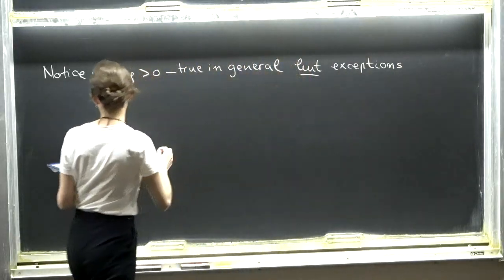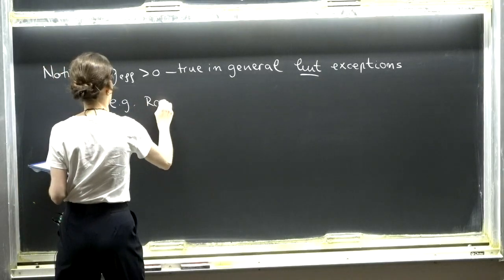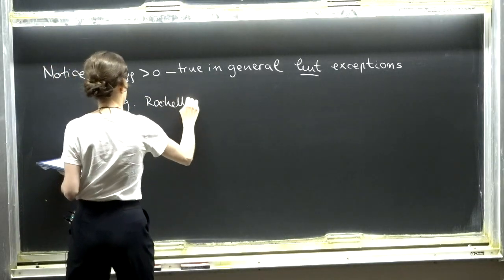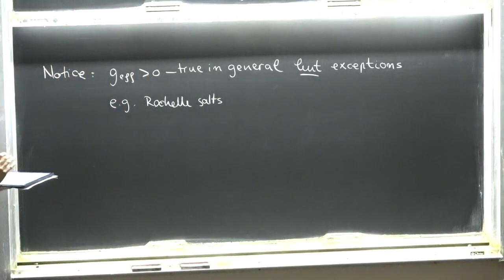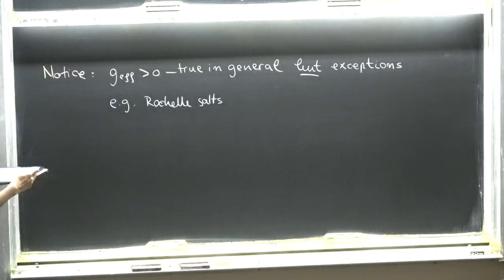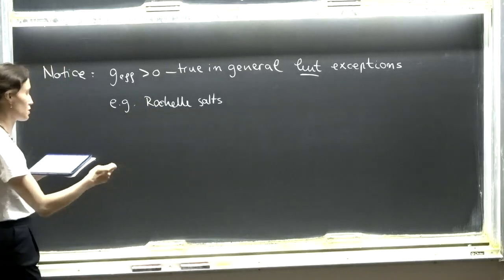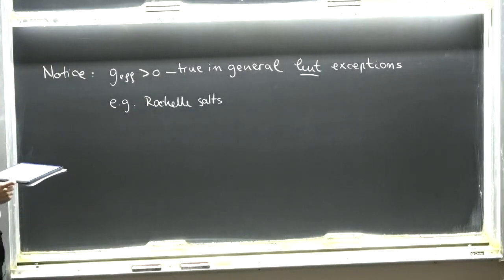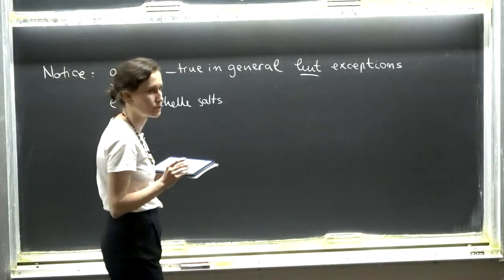For instance, in the context of condensed matter, there is some weird type of crystal called Rochelle salt, some of you may be familiar with, where this thing is basically inverted. There's a system where you actually lose symmetry at higher temperatures, and then you recover symmetry at low temperatures.